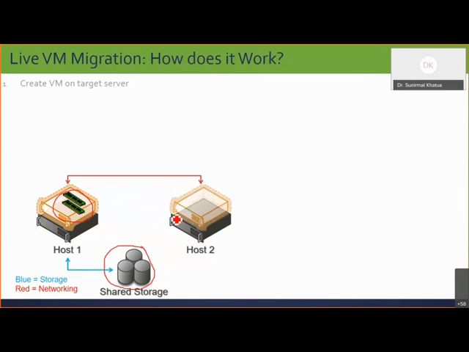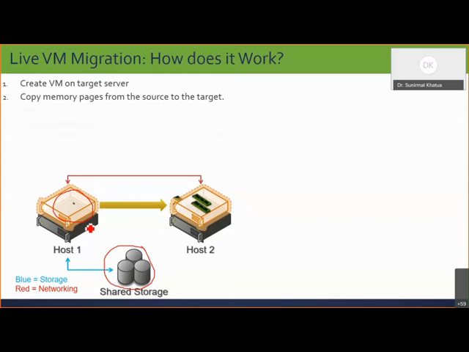So what we do for that: first we need to create a virtual machine in host 2, and then we have to copy the memory pages one by one to host 2, all the memory pages, until the remaining memory pages go below a certain threshold.